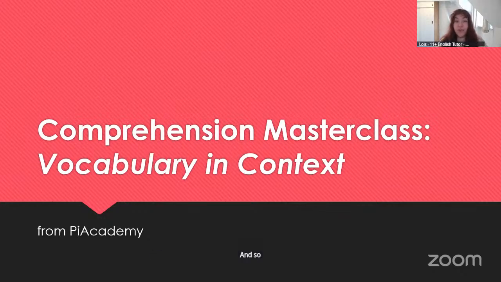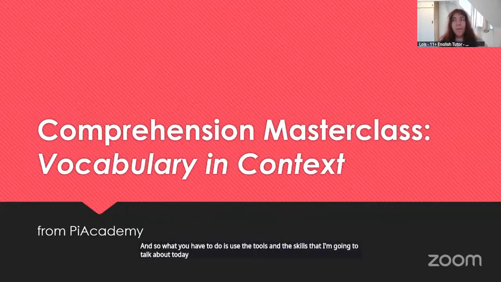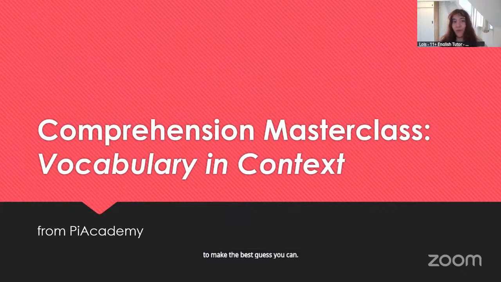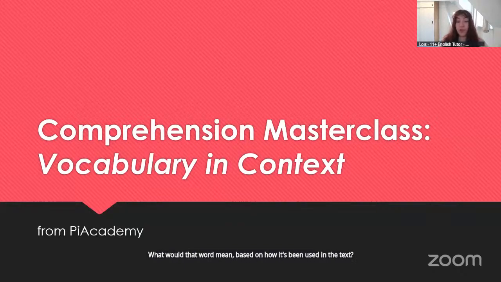So what you have to do is use the tools and the skills that we're going to talk about today to make the best guess you can. Figure out most confidently what that word could mean based on how it's been used in the text.